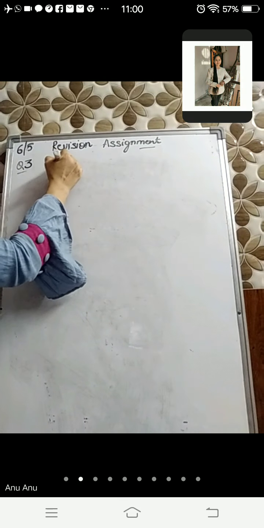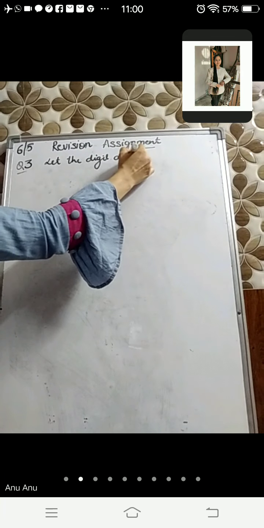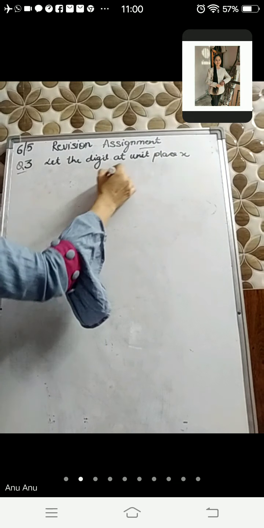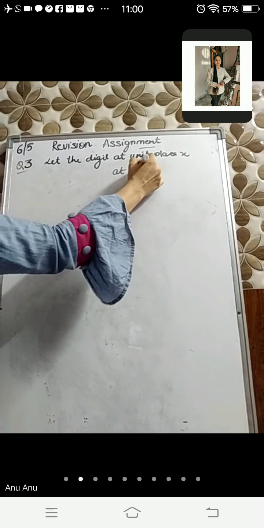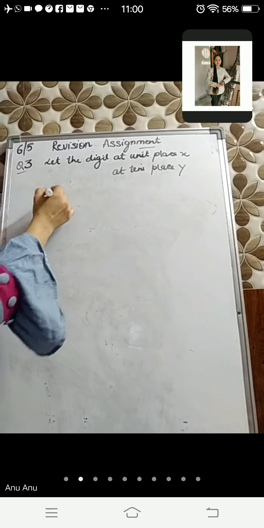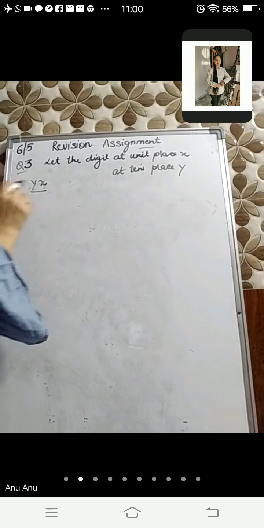In the third question, the sum of the digits is given. A 2-digit number is given, but the digits are not given. So what you will do: let the digit at unit place be x, at tens place be y. So the number will become yx. Is it okay? Tens place, unit place. So the number will become yx.